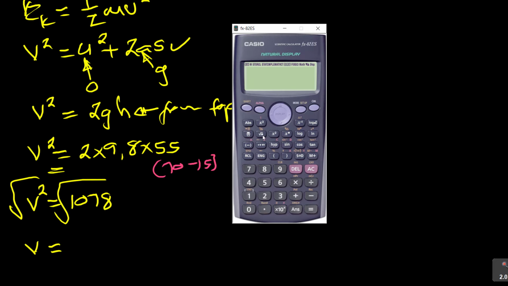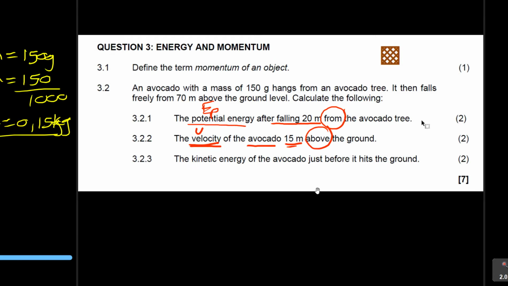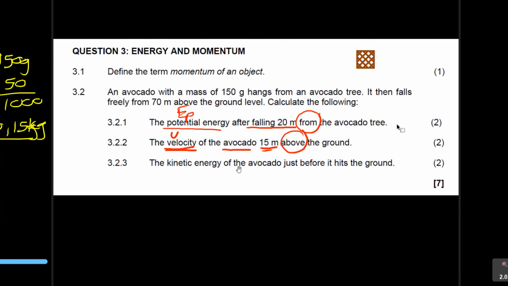Then it becomes the square root of 1078, and you get 32.83 to 2 decimal places, but don't forget it's meters per second. That's the velocity.